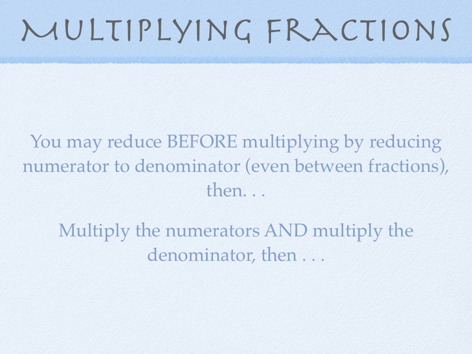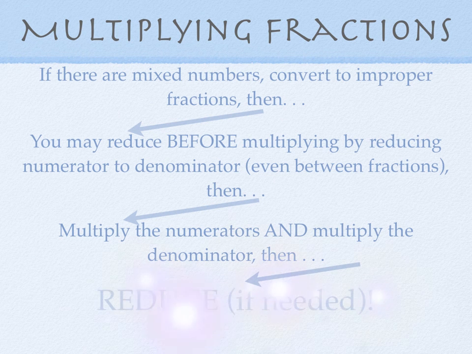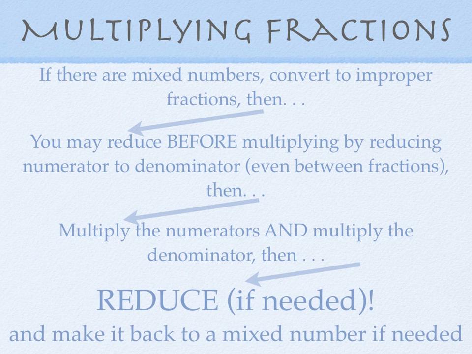Now, what happens if we get a mixed number? Well, like we did with the addition and subtraction, if we get a mixed number, convert them to improper fractions. Just get rid of them. We like our answers with mixed numbers, but for some reason, they just make our multiplication or addition so much more messy, so we like to convert them to improper before we multiply and reduce, and we reduce if needed, and maybe have to make our answers back to mixed numbers.